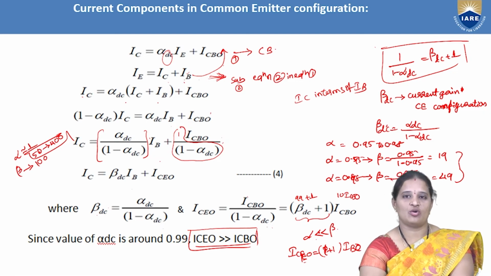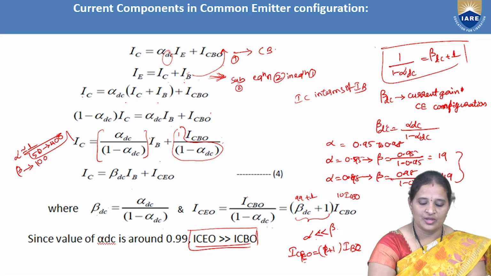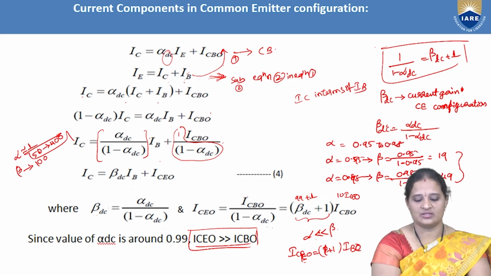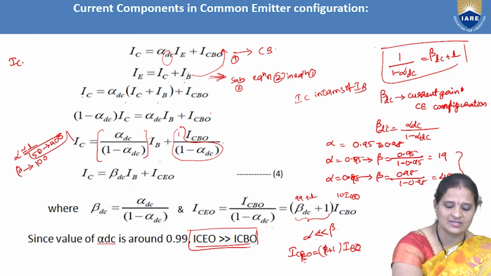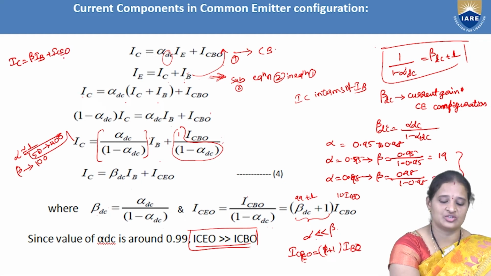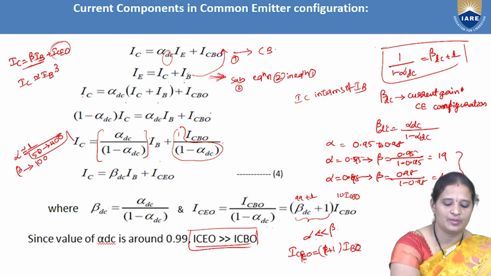So these are the current relations in common emitter configuration. Now IC is equal to beta into IB plus ICE naught. Anyhow, this is also a reverse saturation current. If I consider this reverse saturation current negligible compared with beta IB, then IC can be approximated as IB into beta.